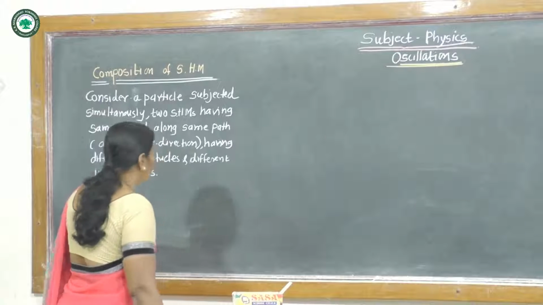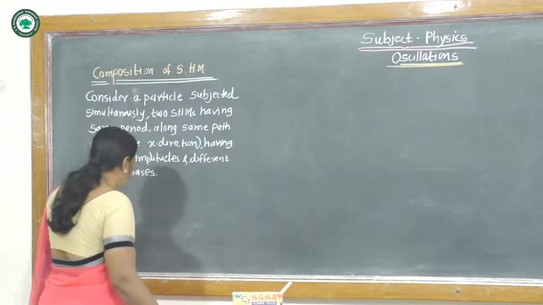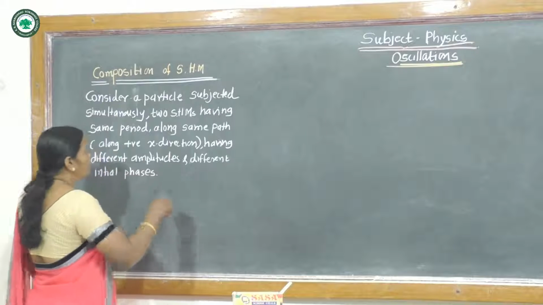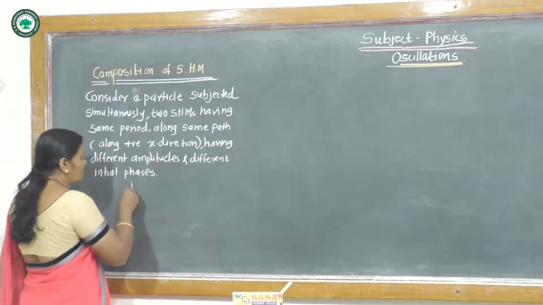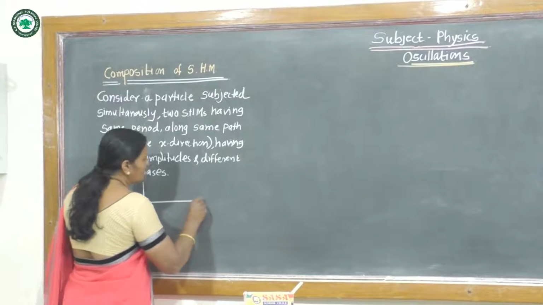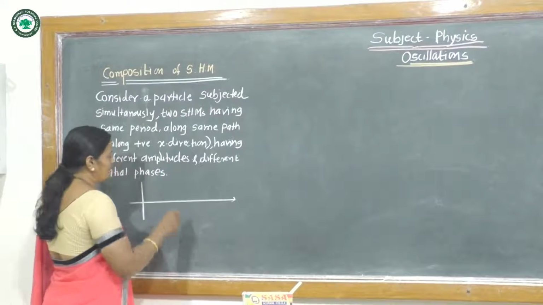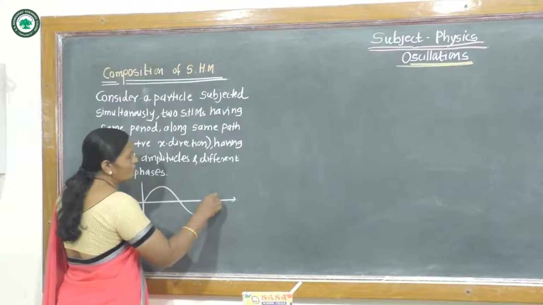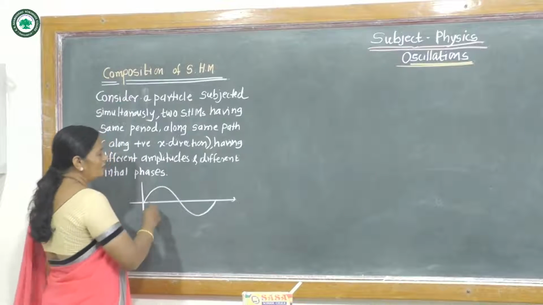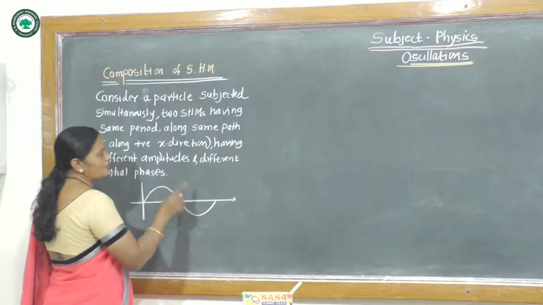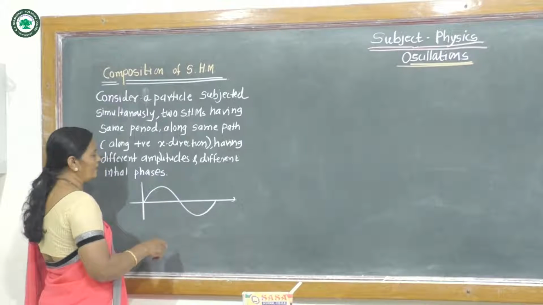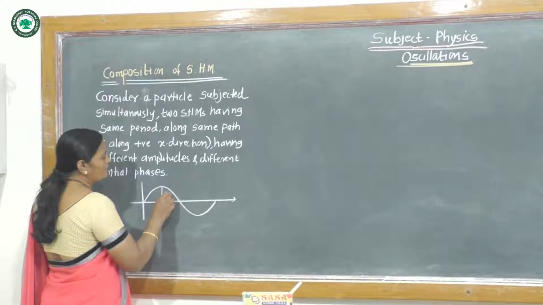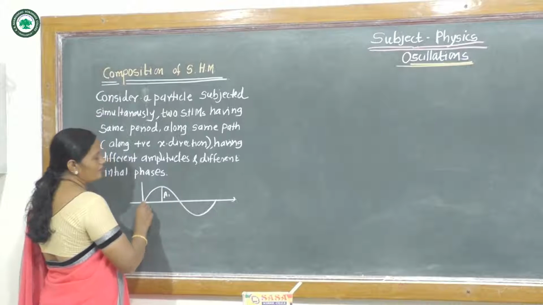Now see here, for example, we consider a particle performing SHM. Suppose this is one oscillation of the particle, this is one SHM, the displacement of one SHM. This is the amplitude, suppose A1. Another SHM has a different amplitude, A2.